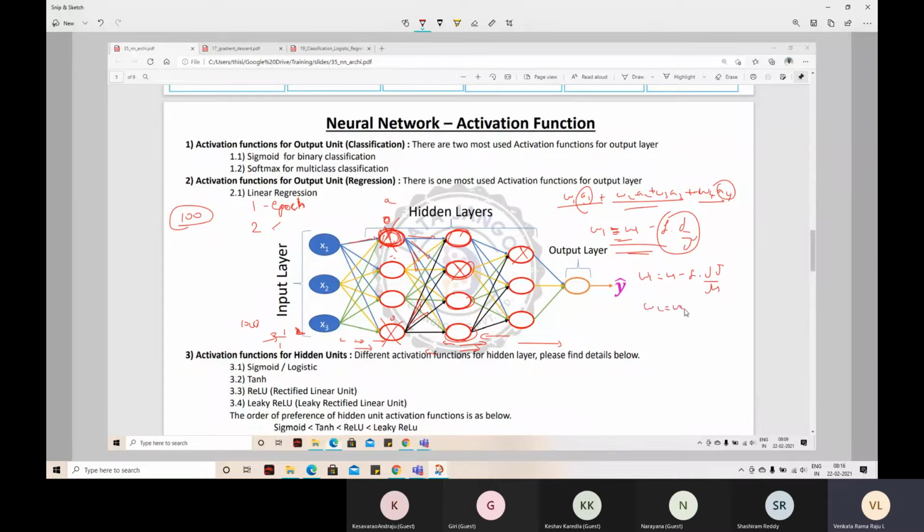W2 is equal to W2 minus alpha into derivative of cost function with respect to W2. Like this, you're adjusting that. Now you multiply, calculate the linear combination, substitute into ReLU or sigmoid or whatever, get the outcome, and go on to calculate y cap and J. Again, while doing back propagation you are adjusting weights, again doing forward, again adjusting weights. Got it? Now clear?